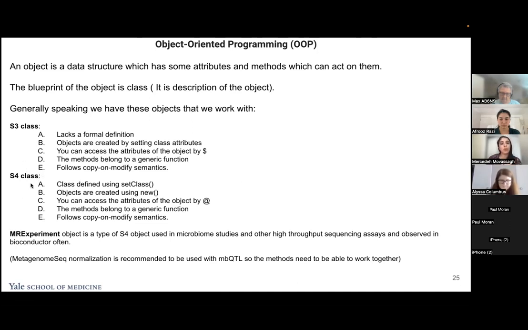An S4 class is slightly different. That is more defined. Basically, the attributes of the objects can be accessed through the @ sign, but the other qualifications are the same. Generally, you want objects because this is a way to keep things set.